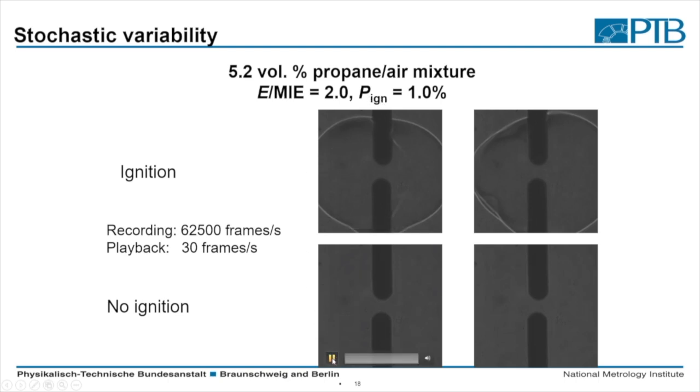When we use the same energy, we see just nothing. Nothing occurs. So we deposit the energy, and then we have large kernel formation, large vortex formation. So the hot gas and the cold gas are mixing, and finally no ignition is visible.